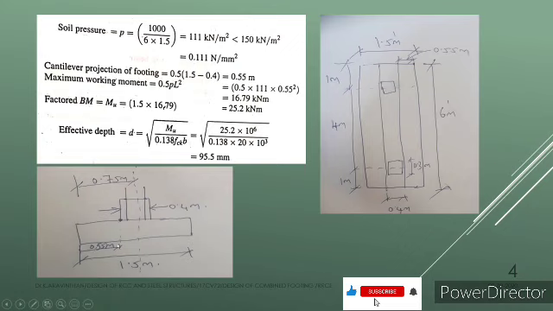So, we have identified the soil pressure as 111 kilonewton per meter square. So, let us find the cantilever projection of the footing first. So, what is the projection here is 0.55. How you have identified 0.55? So, the total width is 1.5 and the half of the width is 0.75 from its center.